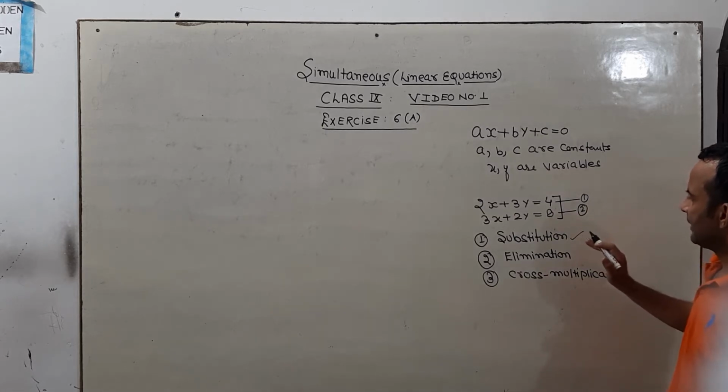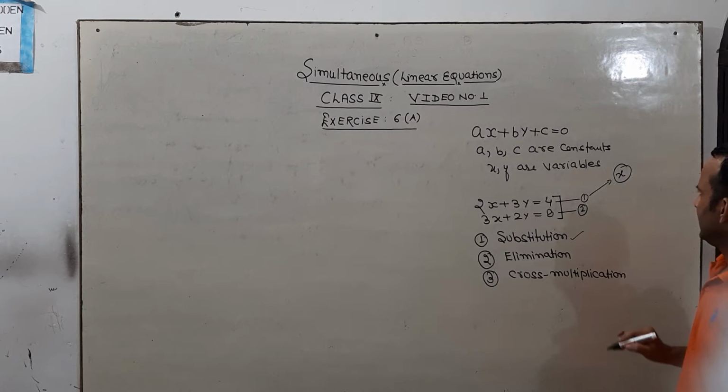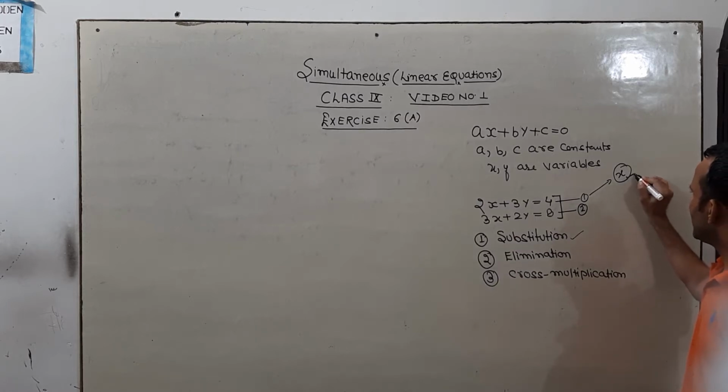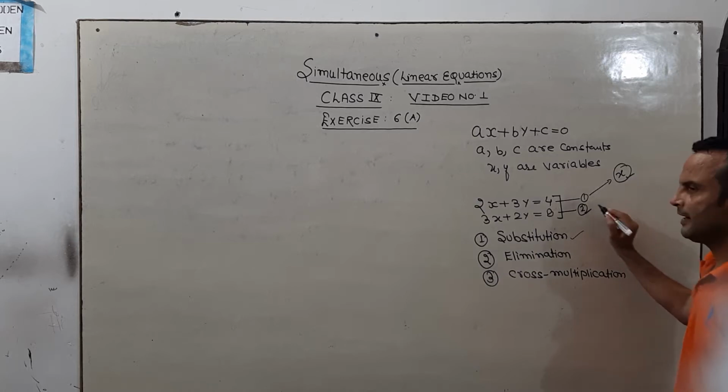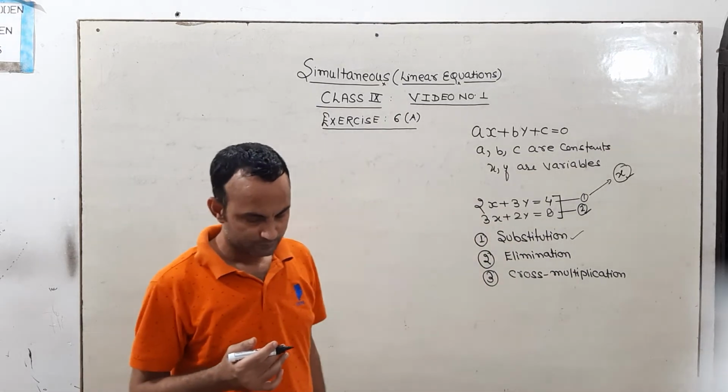Let us suppose that we find out the value of variable x from equation number first. Then in the next step, substitute this value of variable x in equation number second, and after that solve it, find out the value of y.